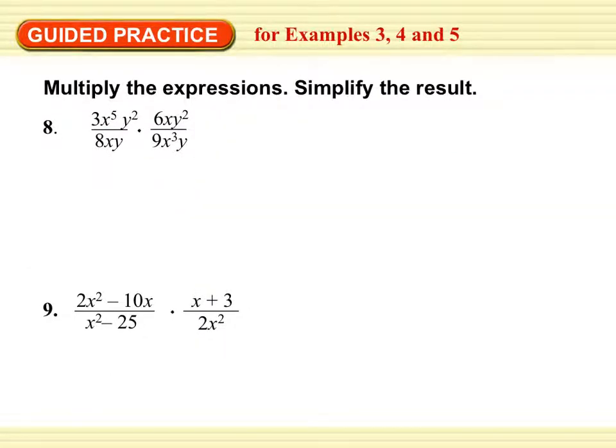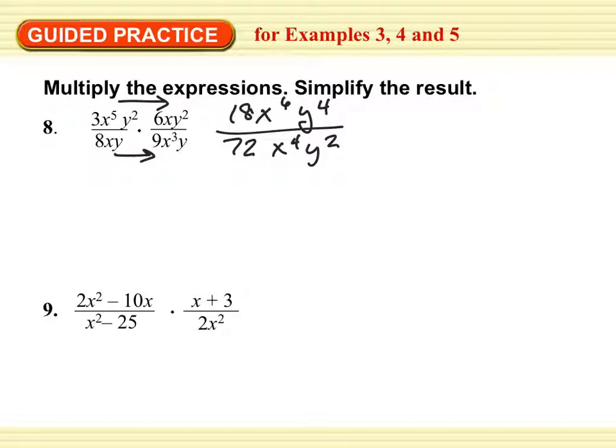All right, we're going to do these guided practice and then be done for the moment. You can multiply across the top and the bottom first. I get 18x to the 6th, y to the 4th over 8 times 9 is 72, x to the 4th, y squared.